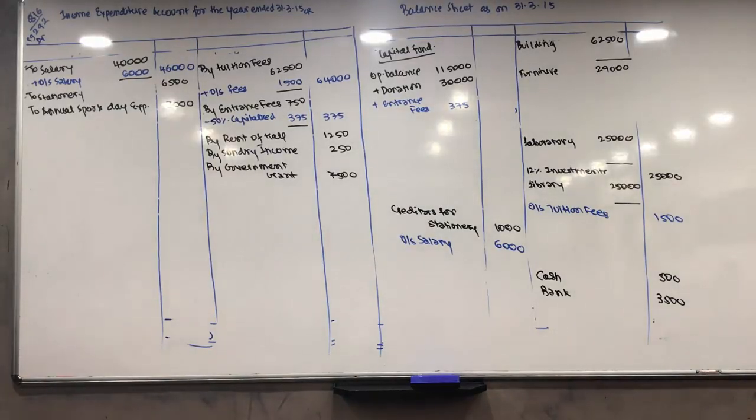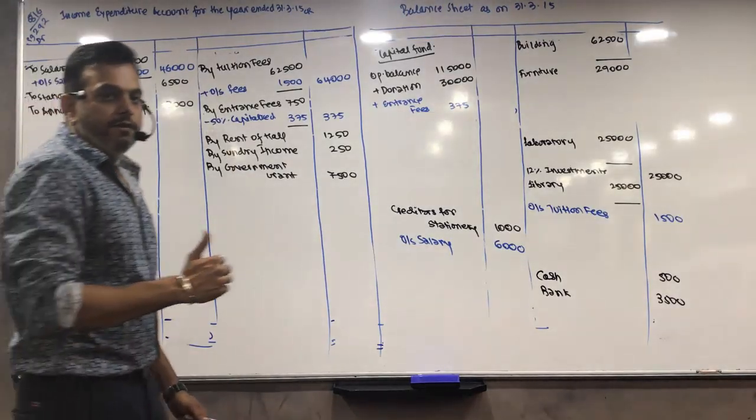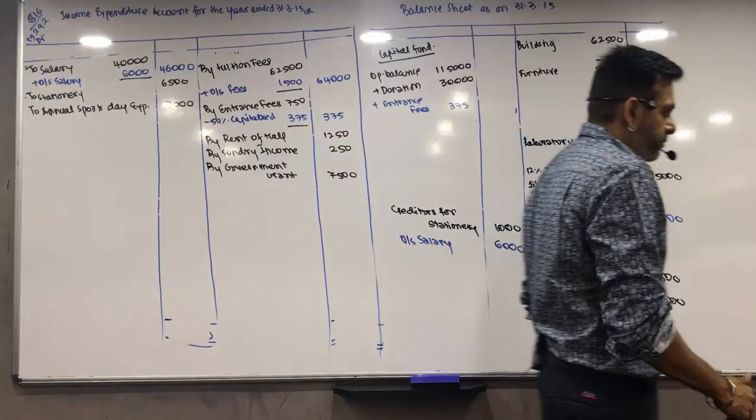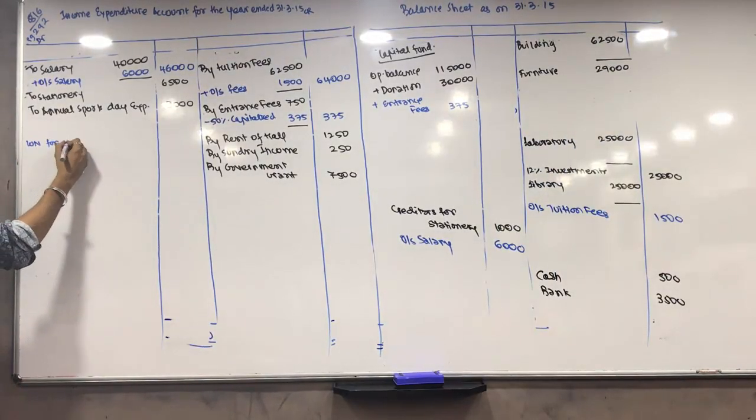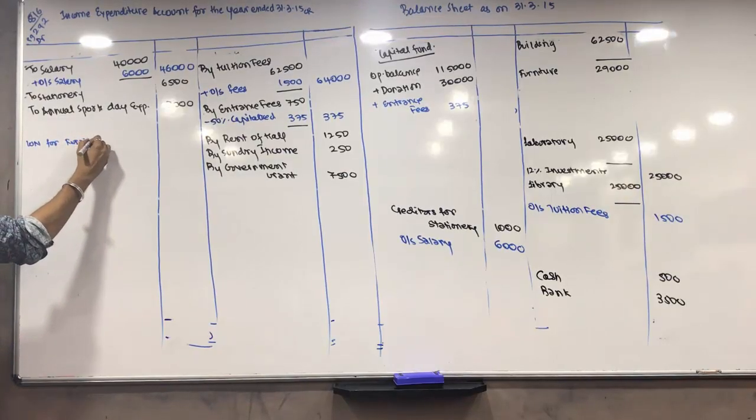Now, very important adjustment: book value of furniture sold is 2500. The depreciation concept is there, so a working for furniture sold.